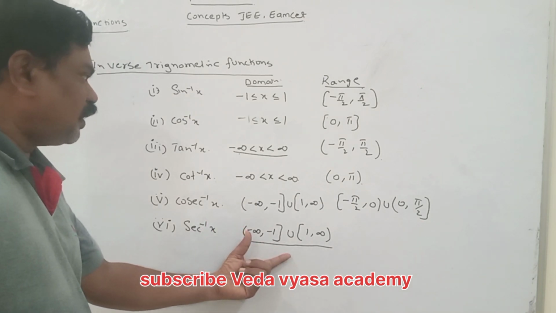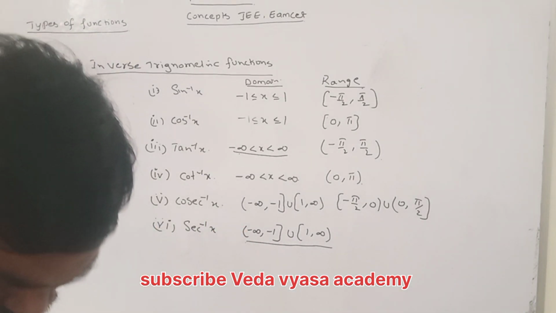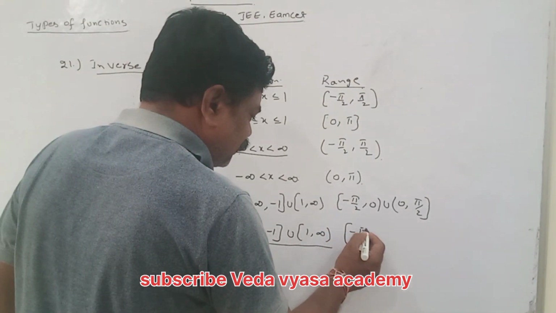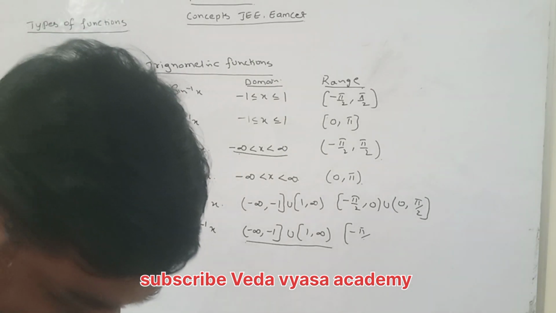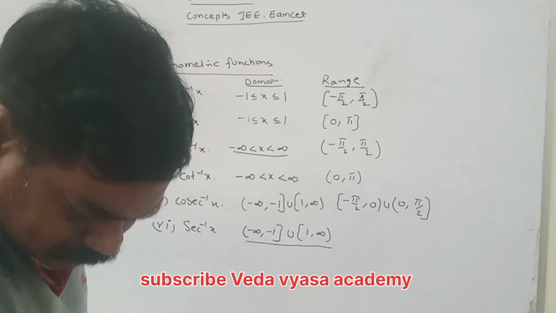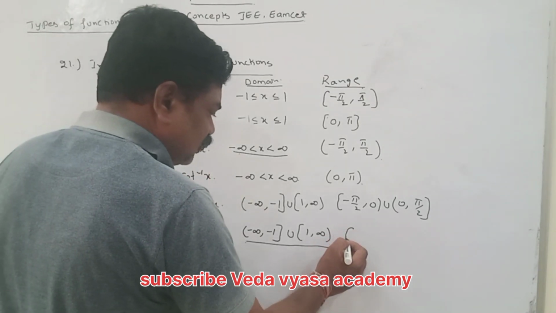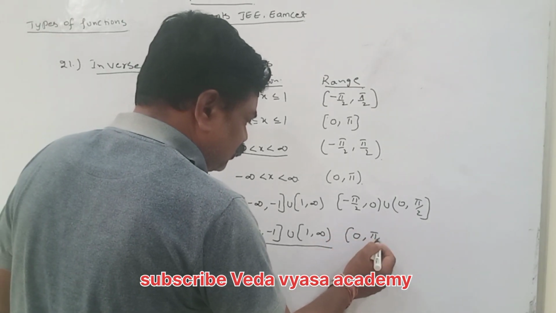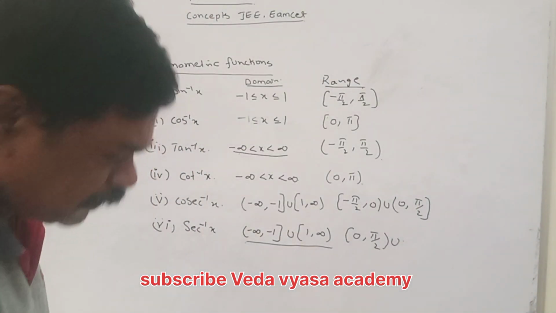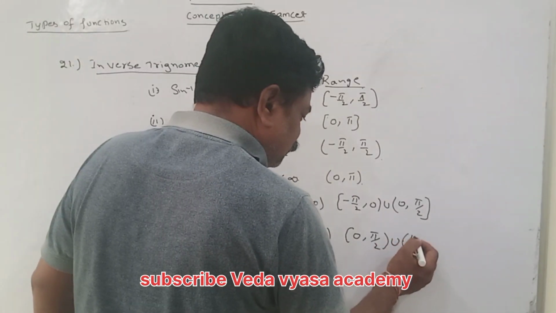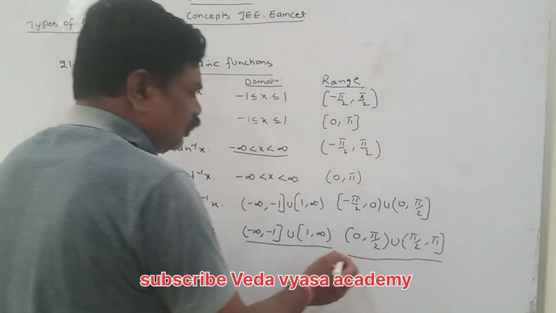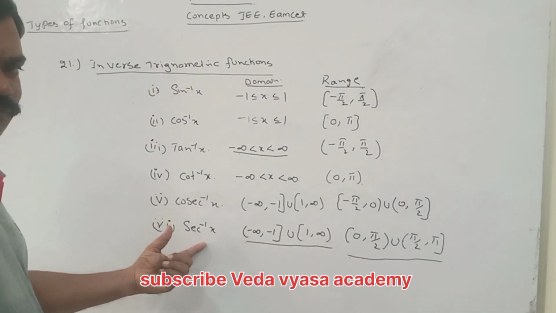This is the domain of the function secant inverse x, and the range is closed 0 to open pi by 2, and open pi by 2 to pi. This is the range of secant inverse x.